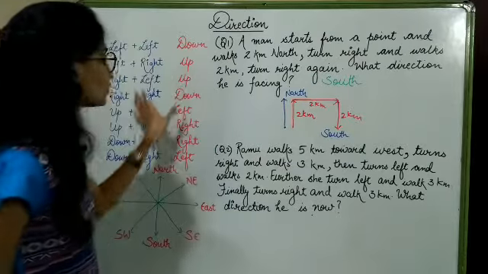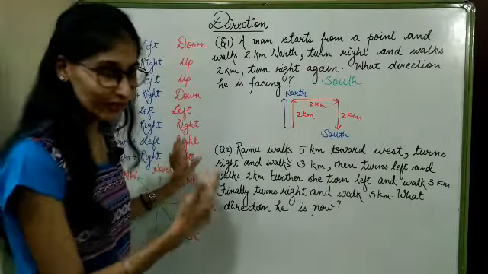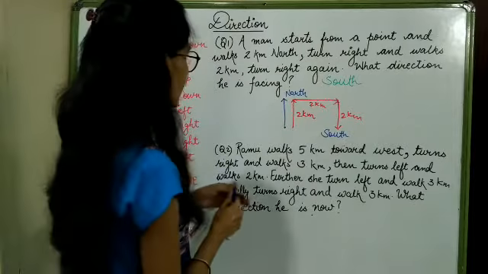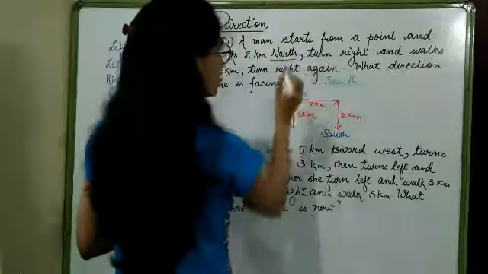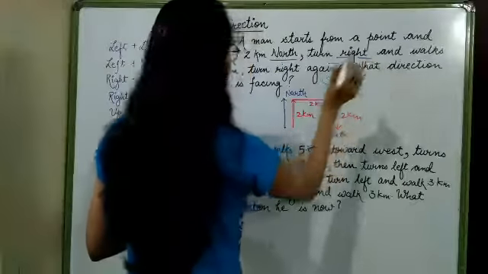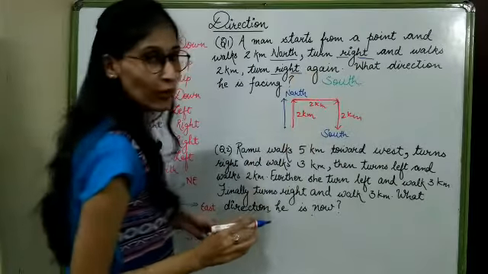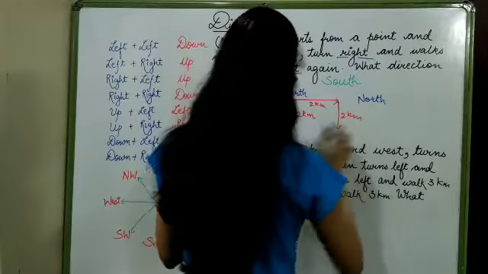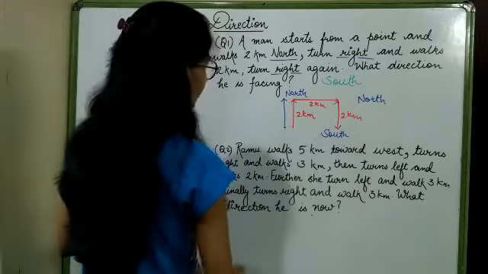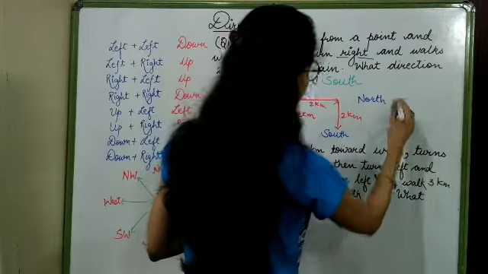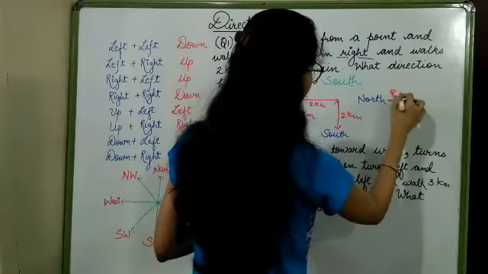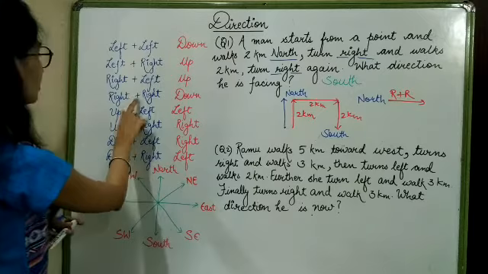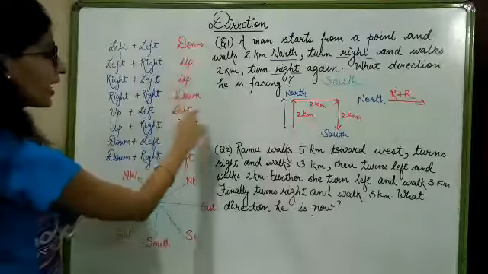Next is how to apply the short trick and solve it in seconds. So just note down the words. First it is north, right, right. So it will be like this. North. Then I am going to write right plus right. Now look in the table. Right plus right is down.